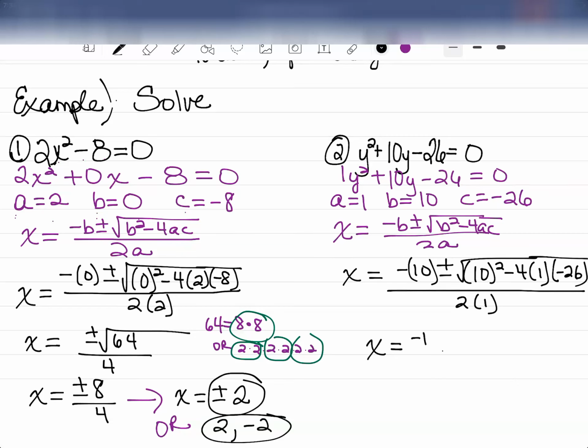So I'll have negative 10 plus or minus something big and nasty to clean up, especially if you don't have your calculator like me.